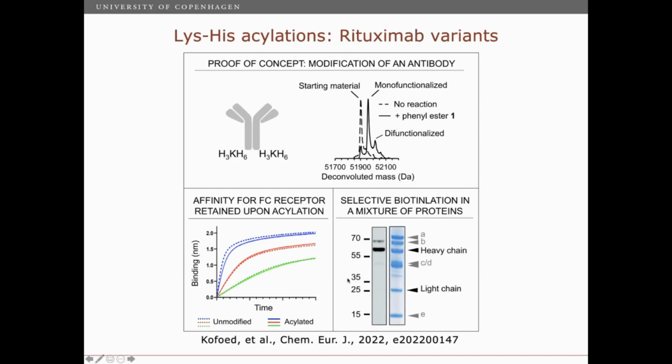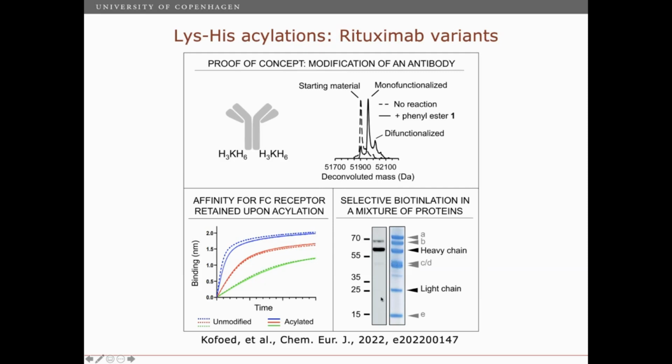Then secondly, down here, maybe it's not so clear, but here we showed that this isolation of this antibody can be performed in the presence of a number of other proteins. The other proteins you see here, we had cleaved the heavy chain and the light chain, so you see them coming up, and you see the modification here on the heavy chain, and then a little bit on another protein that was present here. This has actually a polyhis sequence that promotes this reaction.